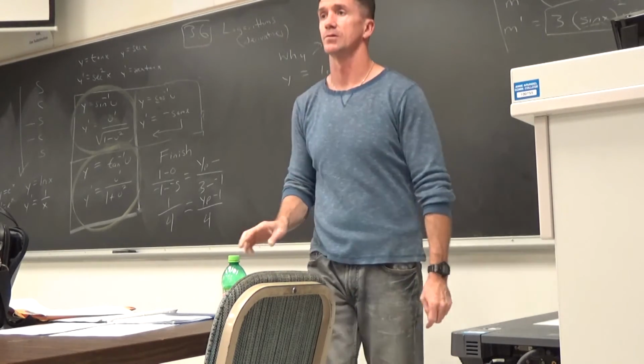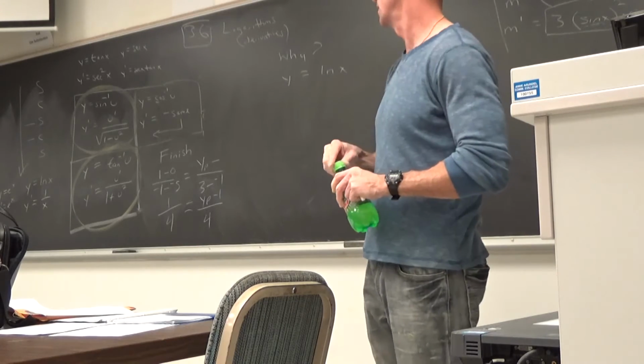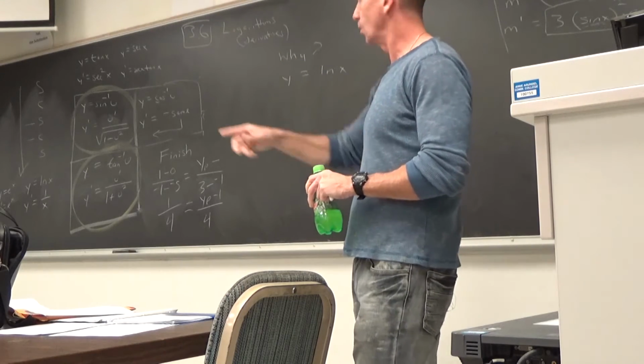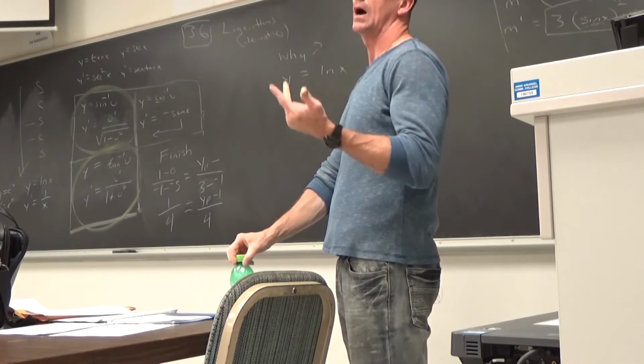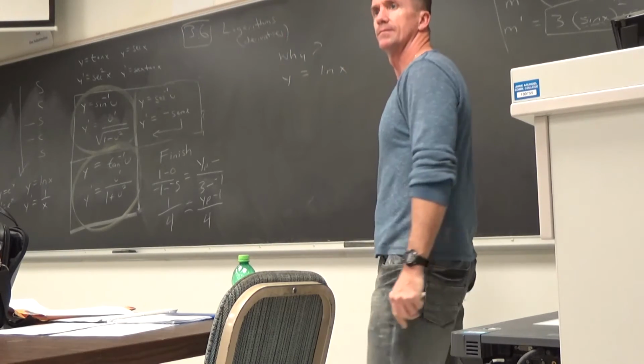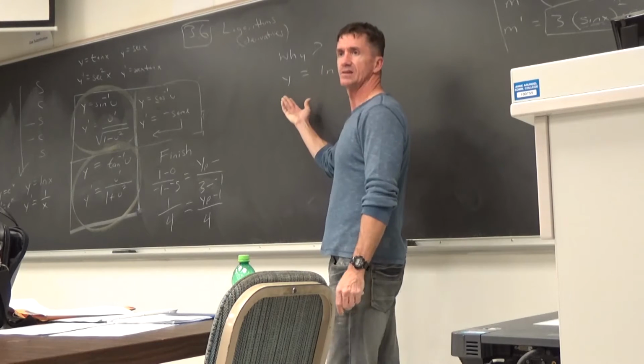I just want to make sure I do it right when I'm jotting some notes on the board. Does anyone have that up there? Now what's the derivative of y equals ln of x? 1 over x. 1 over x, true? I'd like to just take a moment and show you why. Why is this the case?